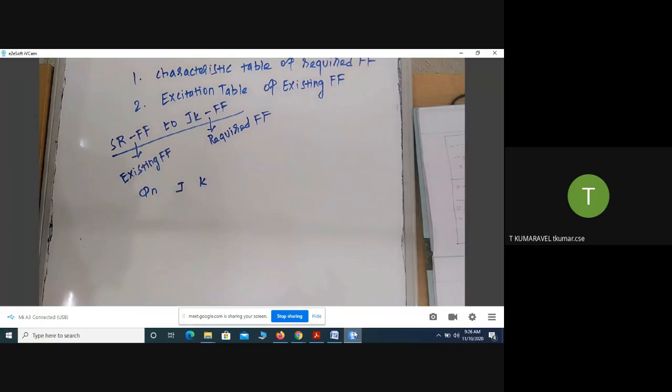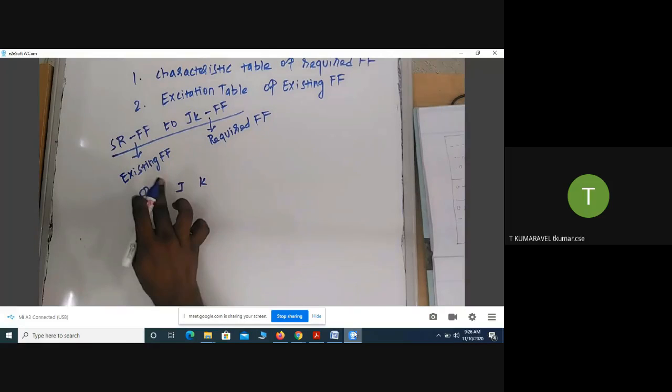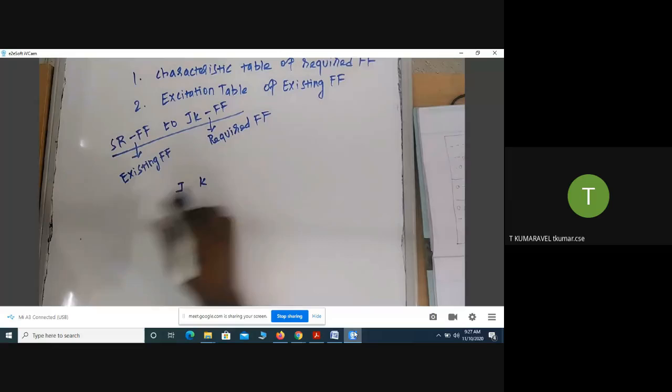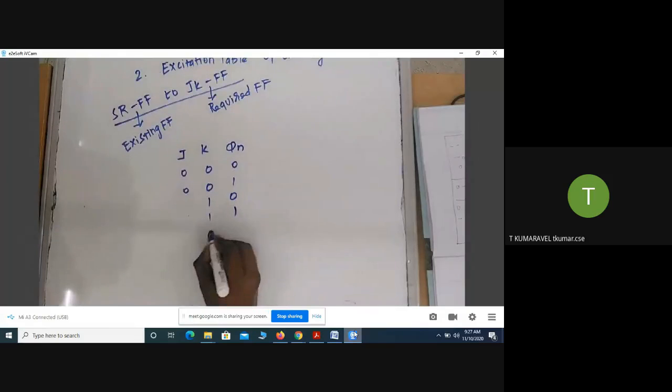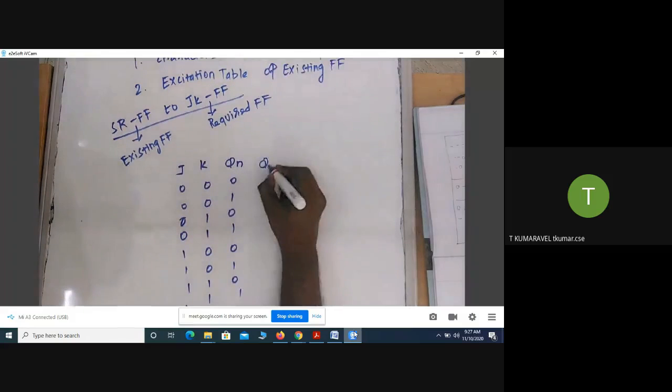Input combination and previous stage output. You can take it in any order. 0 0 0, 0 1 1, 0 1 1, 0 0 0, 1 1 0, 1 1 0, 0 1 1 1 1. What is the next stage output?